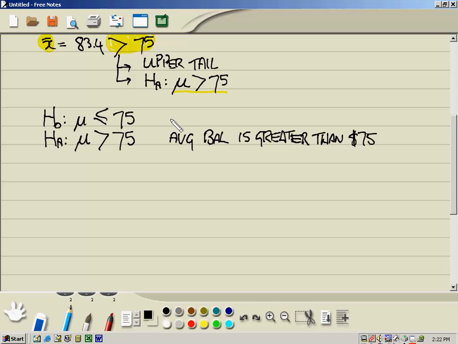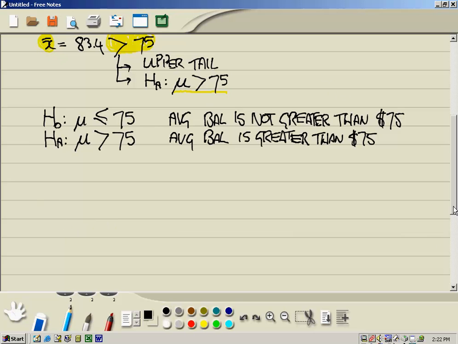And the null is everything but that: average balance is not greater than 75. Some might find this a strange way of saying this, and you might think, why not say it's less than 75? Well, it's less than $75 or it's equal to $75, so a neat way of saying it is not greater than 75.